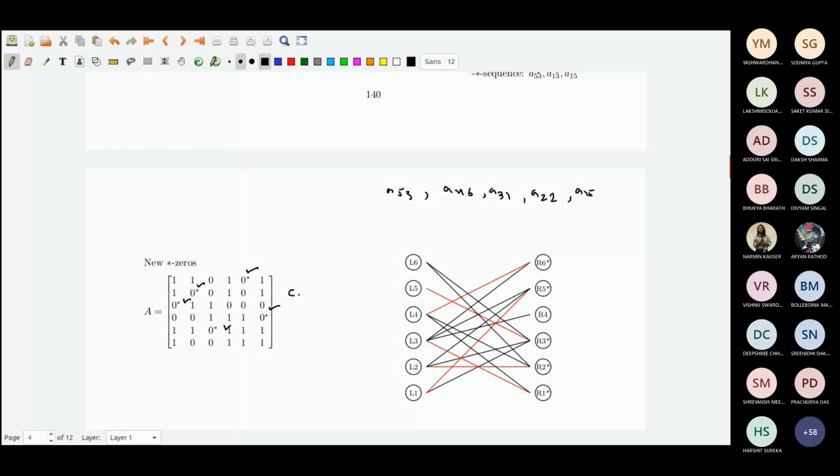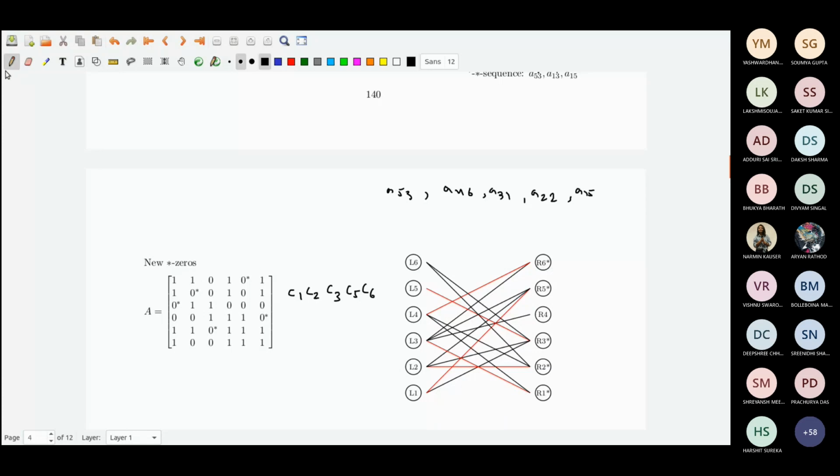So I have C1, C2, C3, C5, C6. That is my first line. So that is what I see as columns. So I imagine that as if the initial stars are covered by columns.